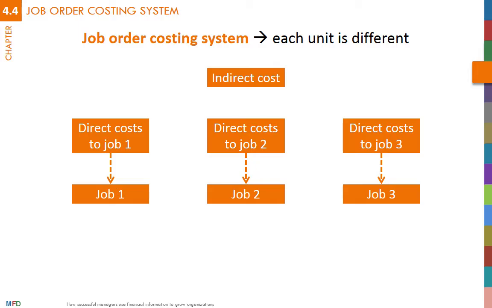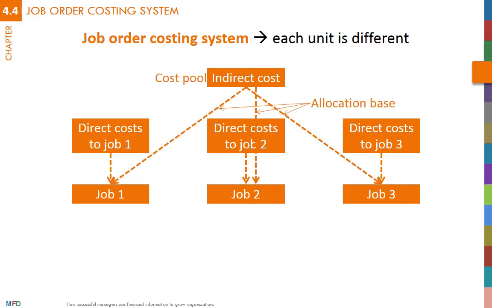Indirect costs include the cost of the other departments that help designers across the various projects, such as programmers, marketing, or human resources. In a job order costing system, there are also cost pools, allocation bases, and allocation rates.